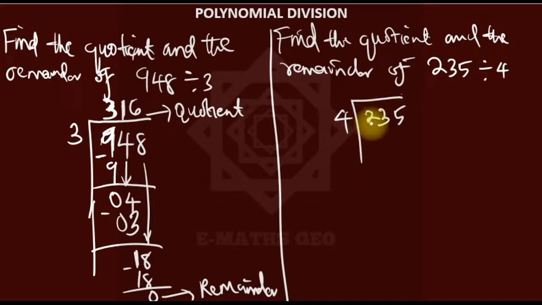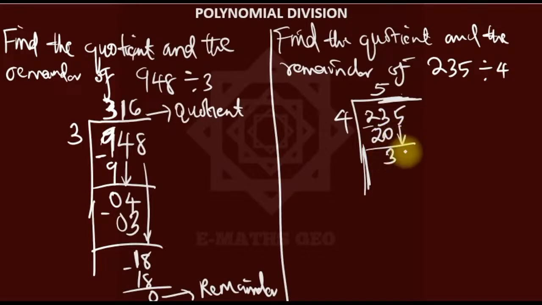So we'll start: 2 is less than 4, so we'll start with 23. So 23 divided by 4 will have 5. We'll place it directly above 3. So 5 times 4 is 20. You subtract. 23 minus 20 is 3.